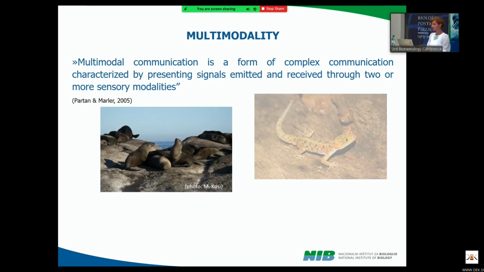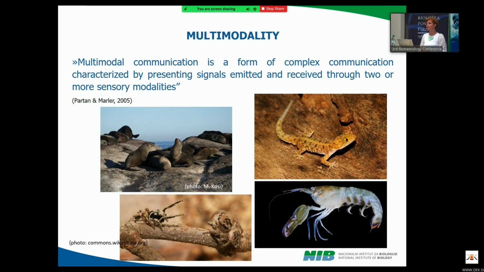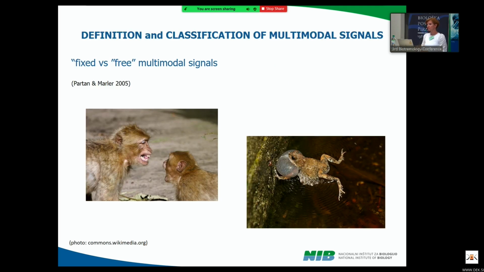And as already heard yesterday and today, there are large numbers of taxa that use multimodal communication, and a lot of the studies came specifically from spiders, I mean, looking at the arthropod group.